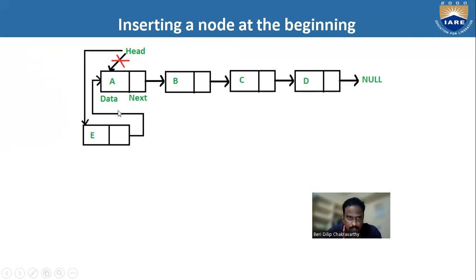I hope it is clear. Earlier head was pointing to A, now head is pointing to the new node. In the new node's address part, I'm going to store the address of A. Now it starts from here: E, A, B, C, D. In this way I'm inserting the node at the beginning.